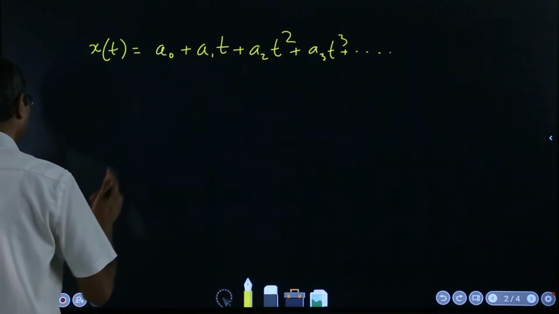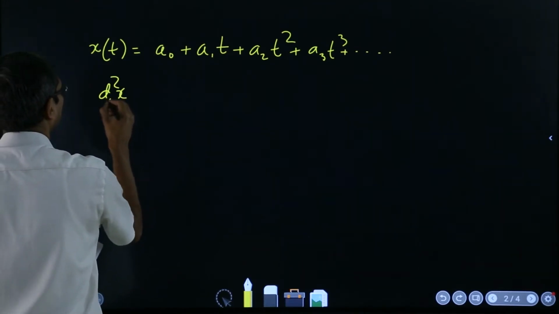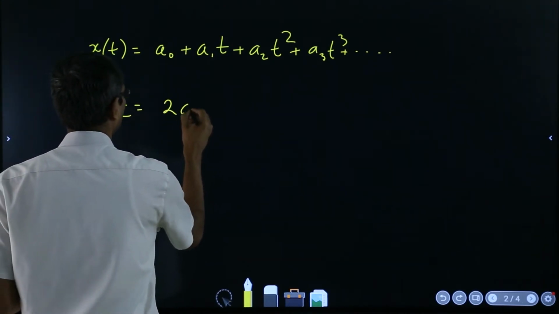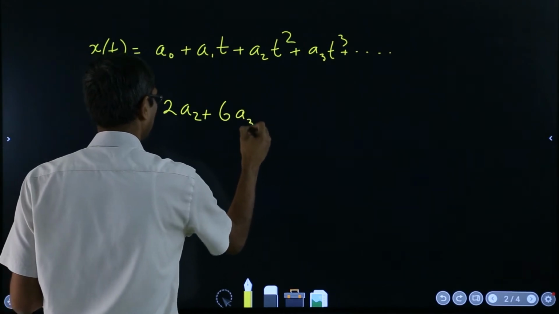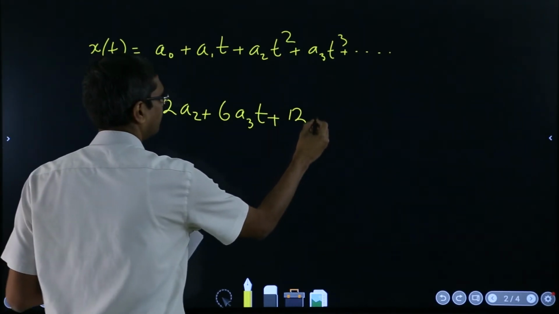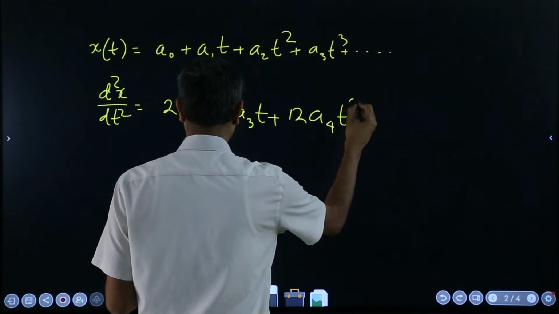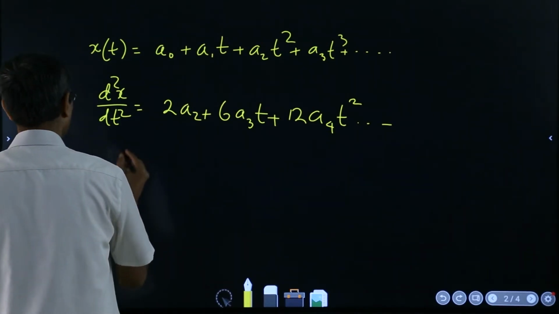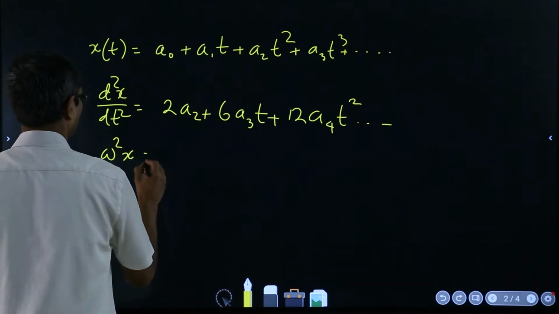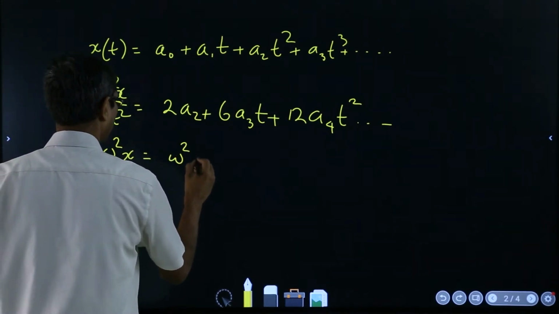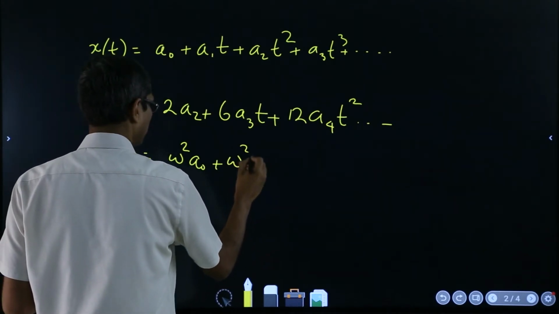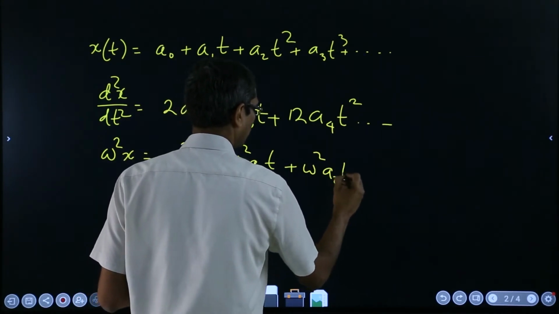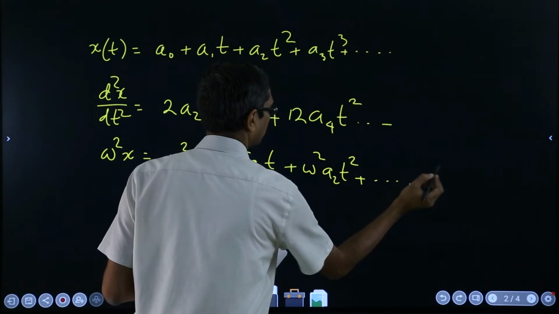This d squared x over dt squared will become 2a2 plus 6a3 t plus 12a4 t squared, etc. And your omega squared x will become something like omega squared a0 plus omega squared a1 t plus omega squared a2 t squared plus like that.